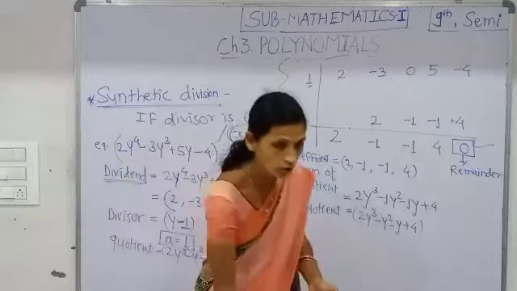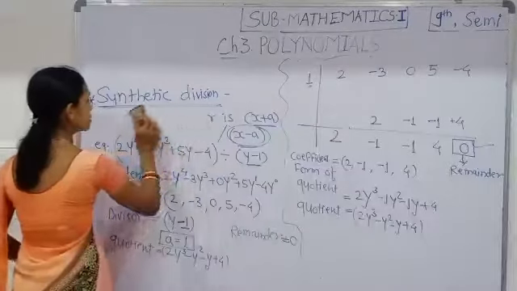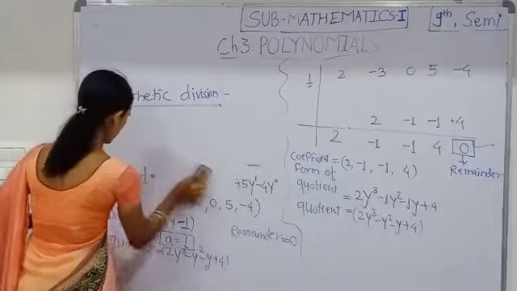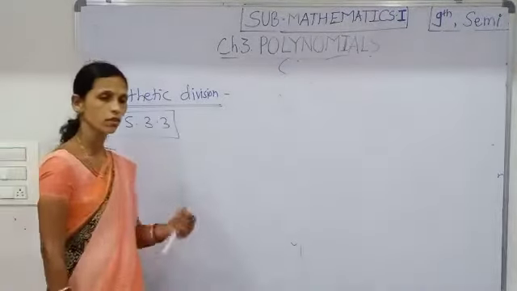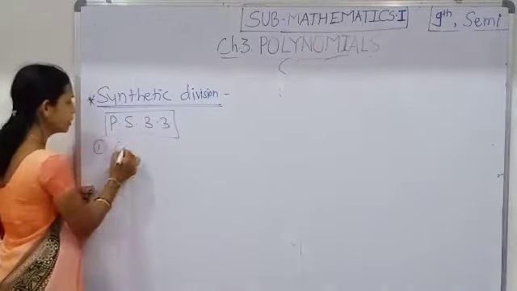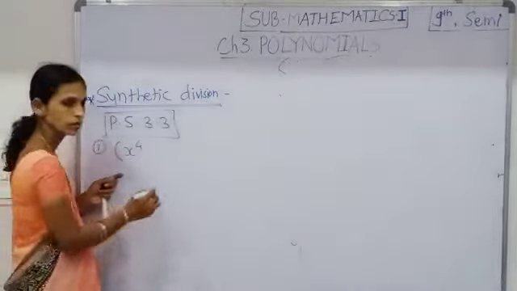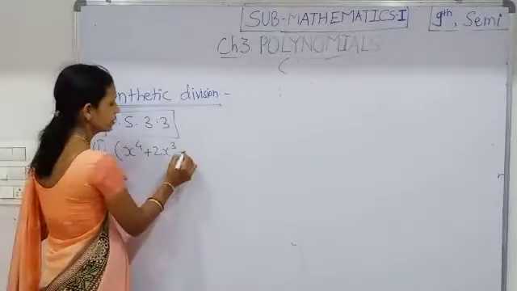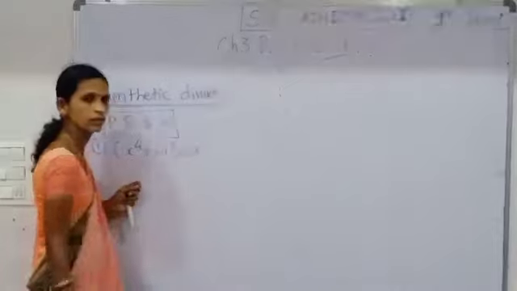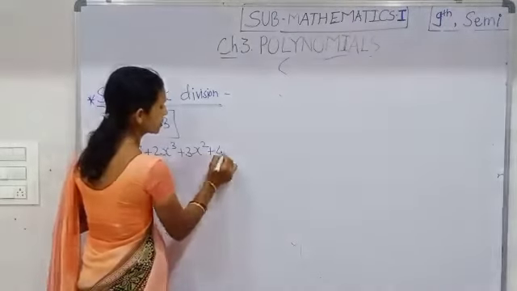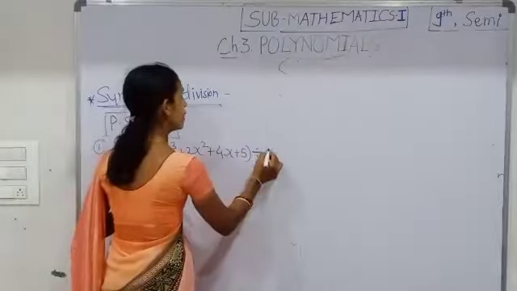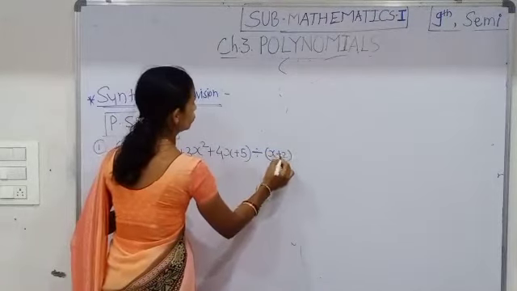Then we will solve a few more examples from practice set 3.3. We will solve example number 1, which is given here: x raised to 4 plus 2x cube plus 3x square plus 4x plus 5, and that polynomial is divided by x plus 2.